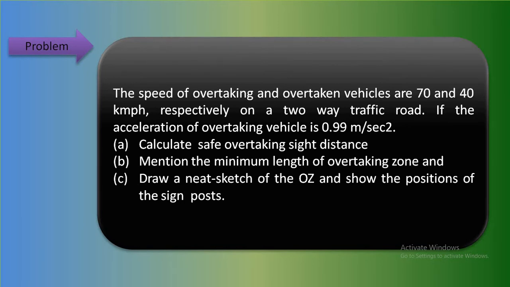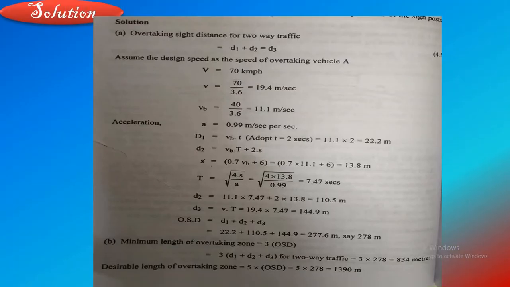It is not given for the overtaken vehicle. And he mentioned three questions. One is OSD. Second one is the minimum overtaking zone length. Another one asks to draw a neat sketch of the overtaking zone. So according to this given data, we will solve the problem.